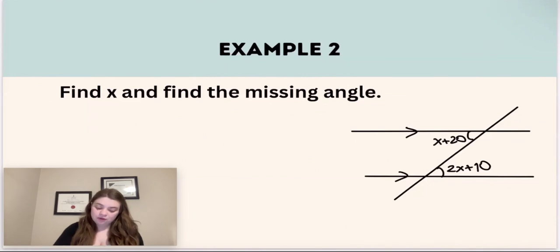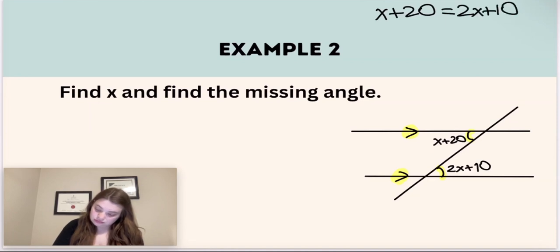So once again, we have our two parallel lines and we have our transversal. So therefore, x plus 20 must equal 2x plus 10. So therefore, I need to subtract 20 from both sides.